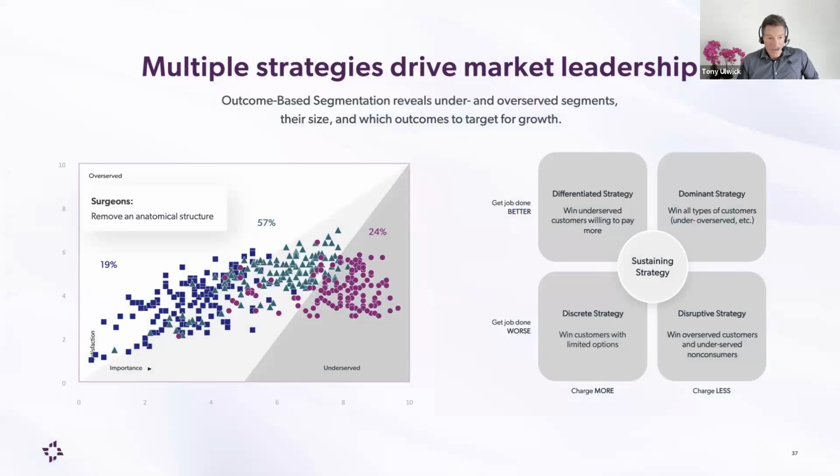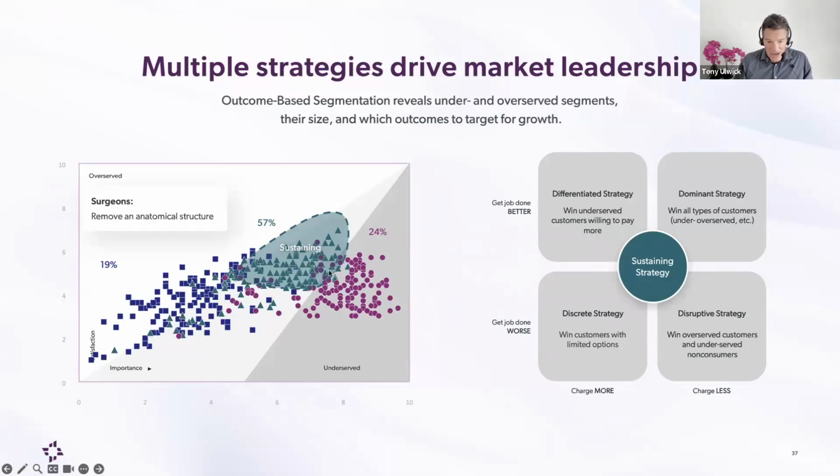This one, for example, here, this is back to surgeons removing the anatomical structure. The strategy that this company pursued is they took the products they currently had and improved them along some of those dimensions there that you can see that are slightly underserved right in here. And that was the product that they aimed at 57% of the market.